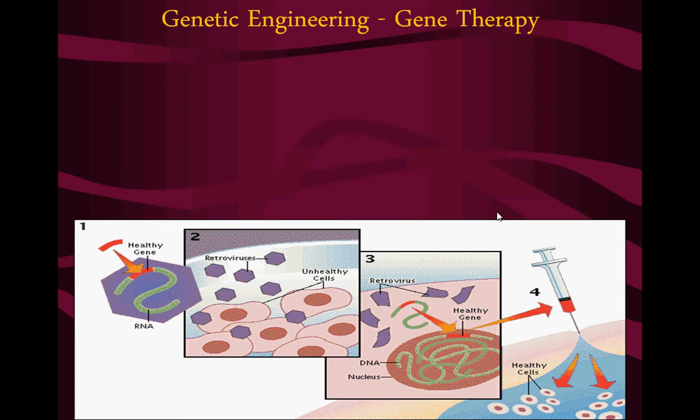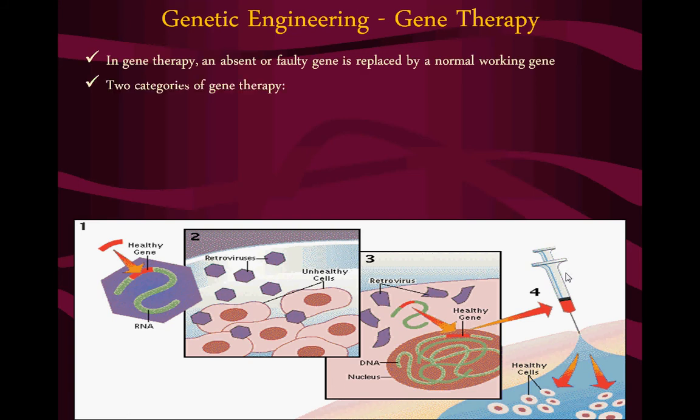And I'm not going to talk too much about gene therapy, but gene therapy basically is when you take something like part of a DNA or an RNA and you take out the gene and you put a healthy gene in, so that you can inject it with the syringe there, and when you put those cells in the body and they multiply by mitosis, you get a lot of cells that have that healthy gene, and it makes many, many copies, and you can actually repair too, and that's called gene therapy.